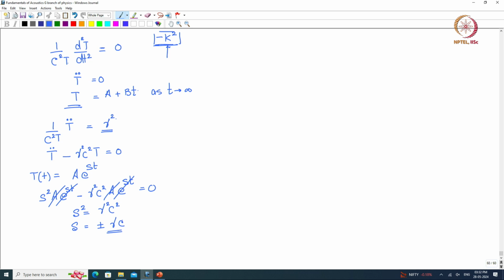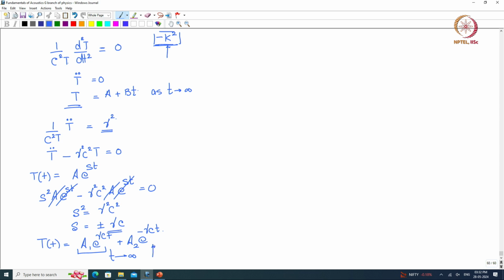So that my solution now is that T of t is equal to a1 e to the power gamma c t plus a2 e to the power minus gamma c t. Now this term, as t tends to infinity, blows up.